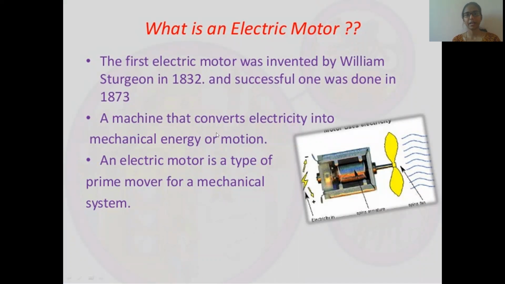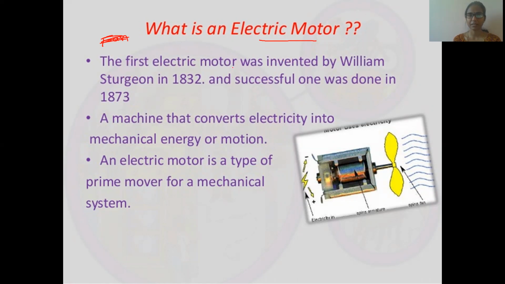Okay, see, what is an electric motor actually? It is a device. Electric motor is a device which will convert electrical energy to mechanical energy. That we all know. When you pass electricity to your ceiling fan or table fan, it will rotate, converting electrical energy into mechanical energy, right, children?